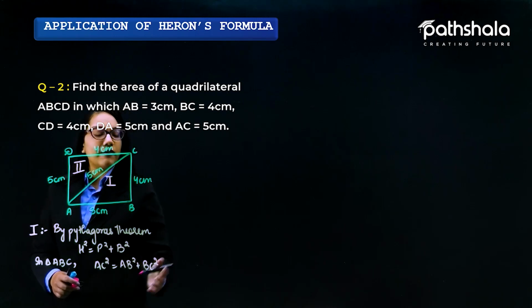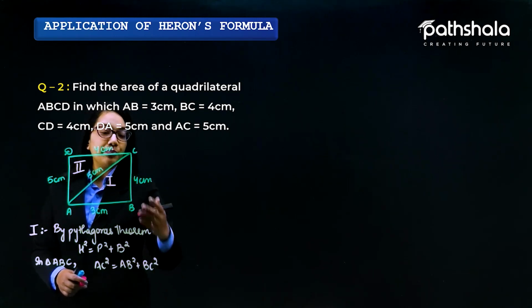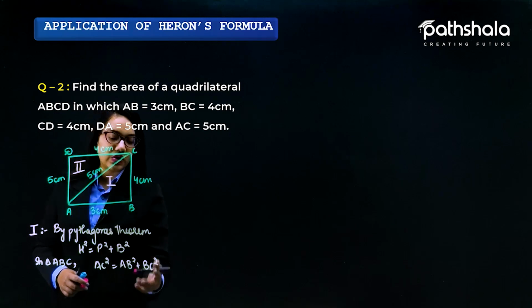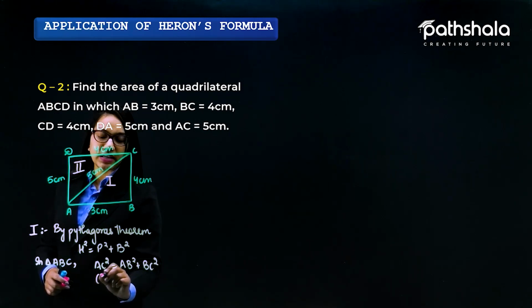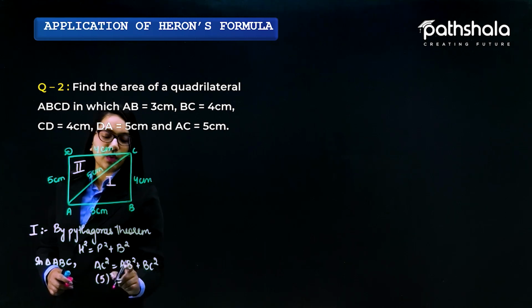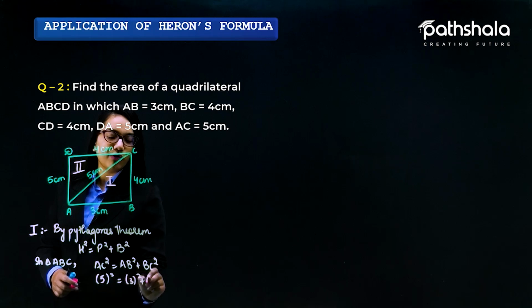Let's plug in all the values to see whether the 3 sides satisfy this relation or not. Substituting the value of AC as 5 square, this is equal to AB, which is 3, so 3 square plus 4 square.